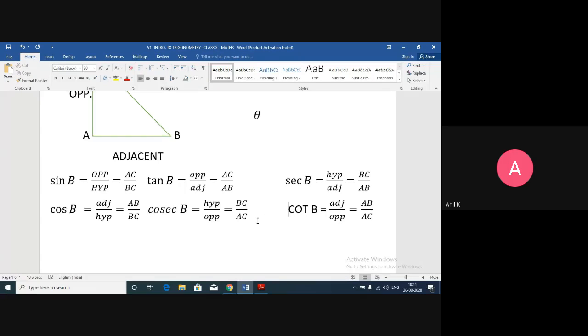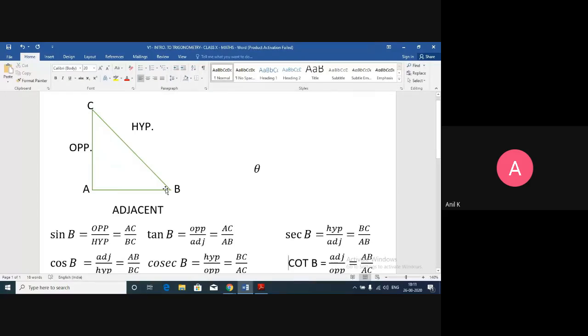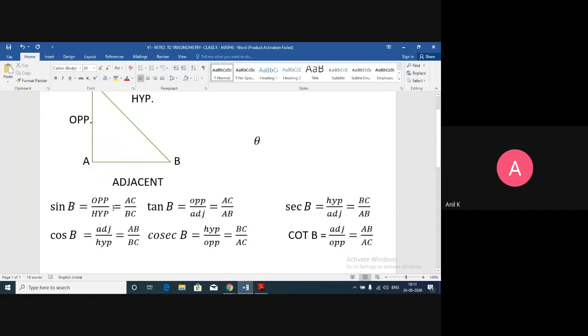Sin B is opposite upon hypotenuse, cos B is adjacent upon hypotenuse, tan B is opposite upon adjacent, cosec is hypotenuse upon opposite, sec is hypotenuse upon adjacent, and cot is adjacent upon opposite. So all these definitions we have to remember, through class 12 if you opt for math.